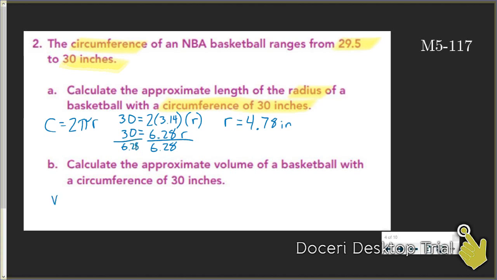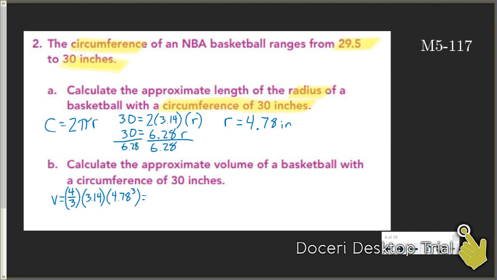So we know that volume equals 4/3 times pi times radius cubed. In this case, our radius is 4 and 78 hundredths, and then we're going to cube that.